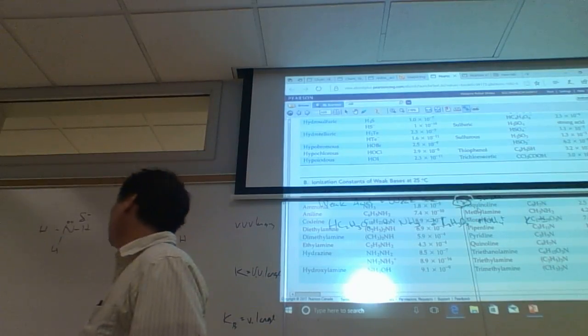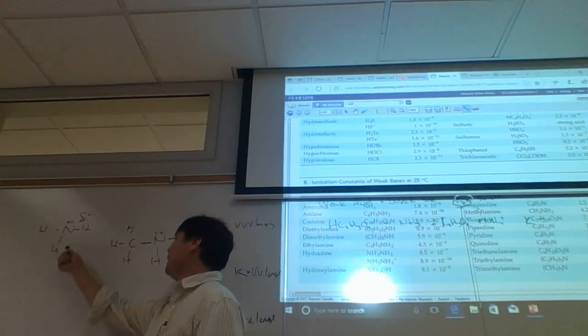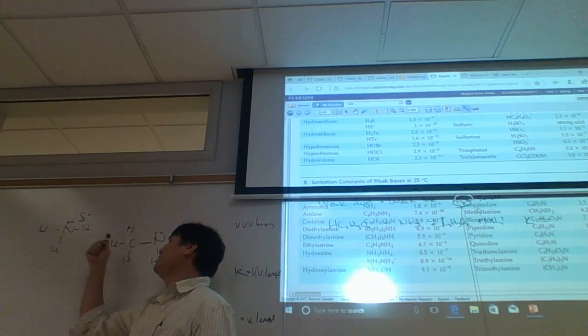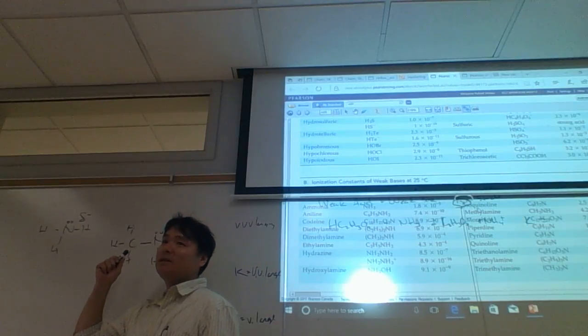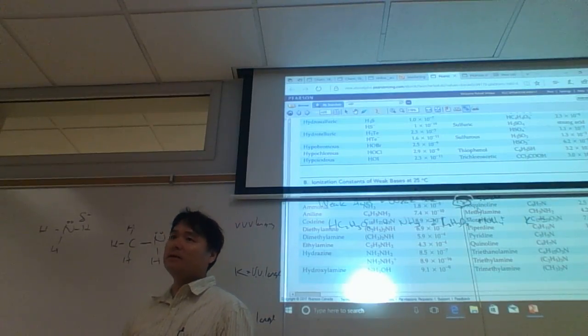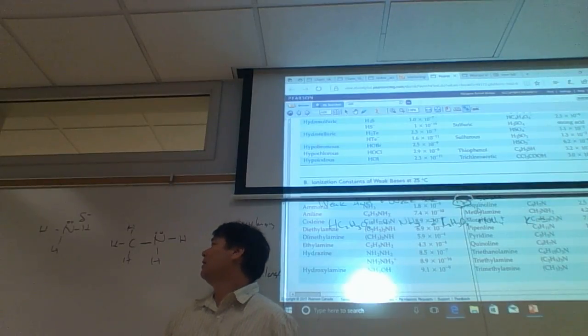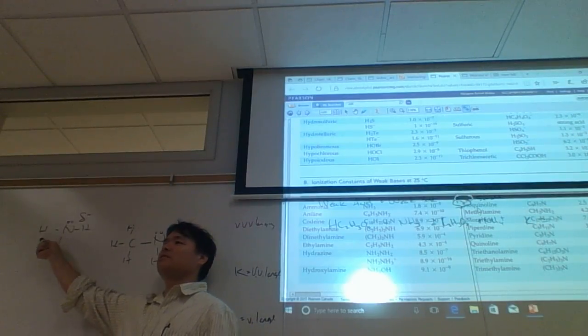One thing you might say is, hydrogen and carbon are not exactly the same electronegativity. In fact, what has a bigger electronegativity? Nitrogen's the same in both of these. The difference would be hydrogen and carbon.